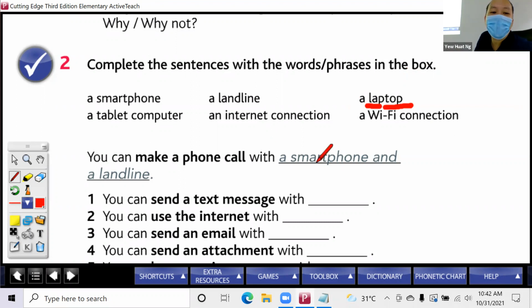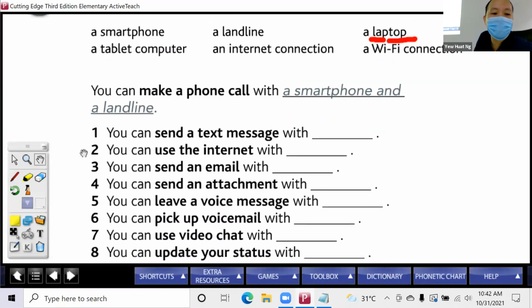Okay. All right. Now, very quickly, we have this. What is this? Very good. We don't say beat the phone. In Chinese, you say da, beat the phone, right? In English, you say make a phone call.